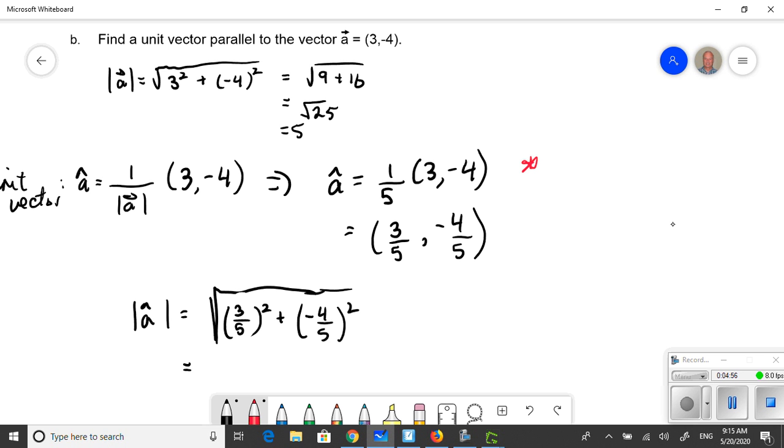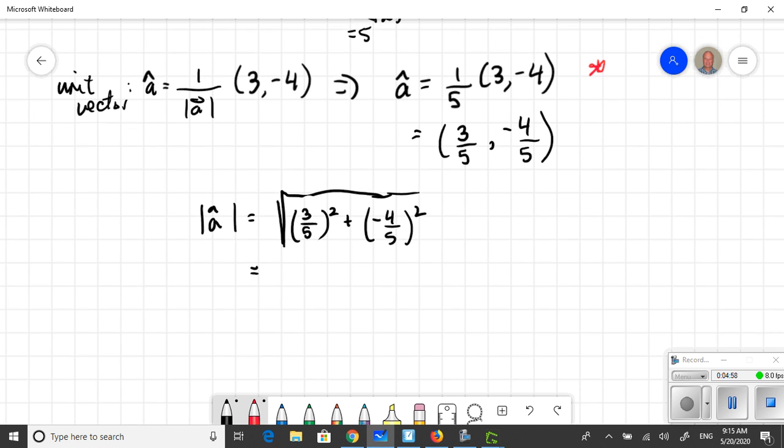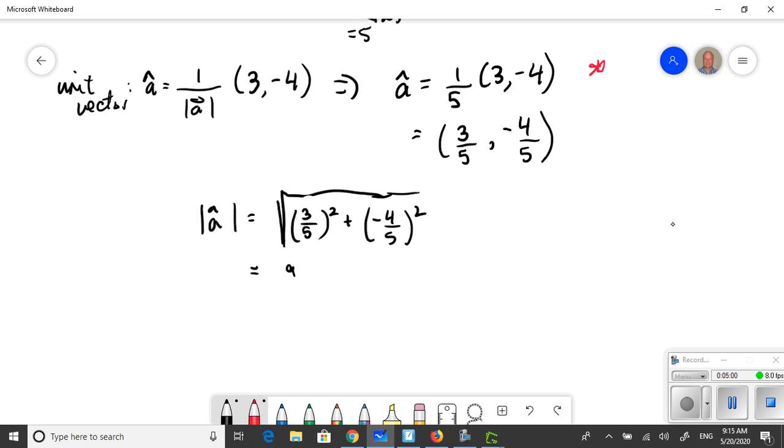So what do we have here? That's going to be 9/25 plus 16/25. You notice that that's 25 over 25, or 1, which works out to be a unit vector of length 1 here. So either form is fine.